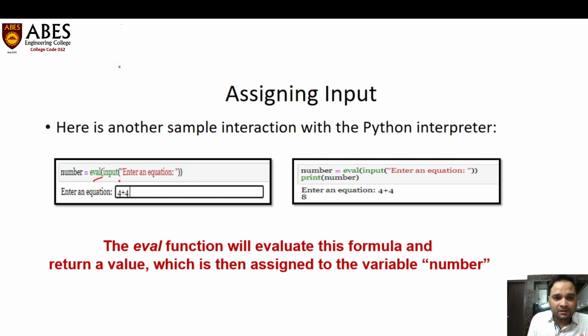When we execute this, the prompt will ask the user to enter the value, and we enter 4 plus 4, and it returns the output 8 in the output window. See this, the eval function did not return the output as a string, it returned it as an integer, because it evaluates whatever expression we enter at the prompt.